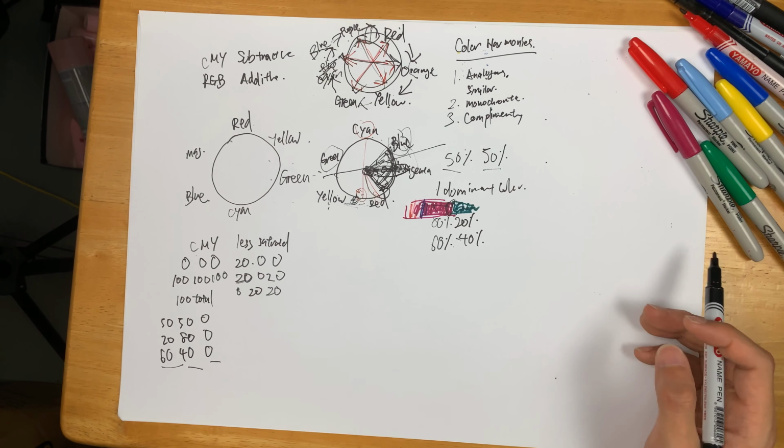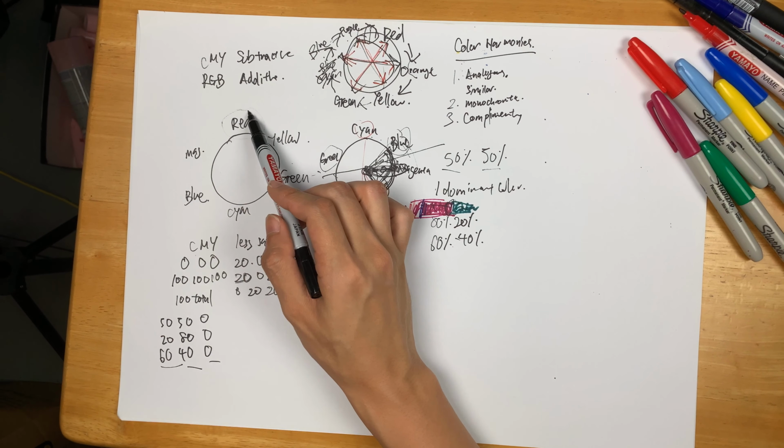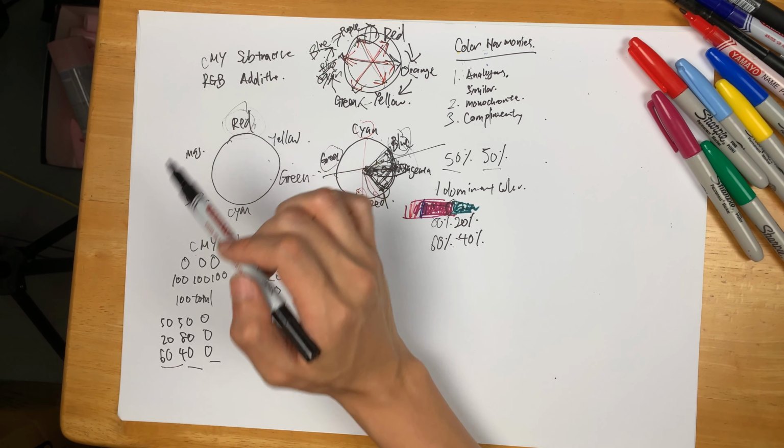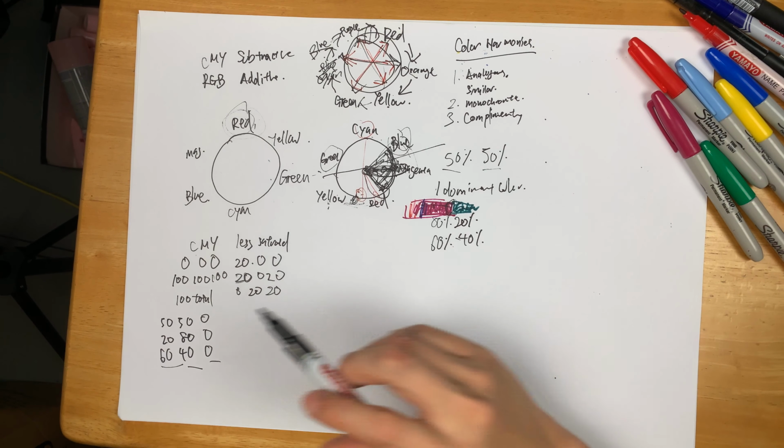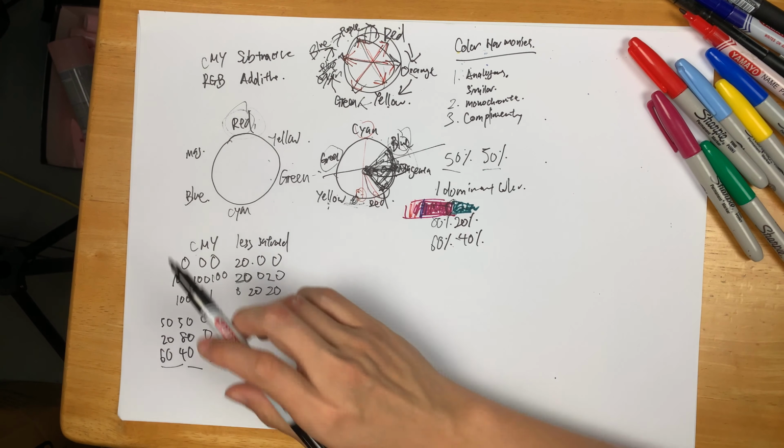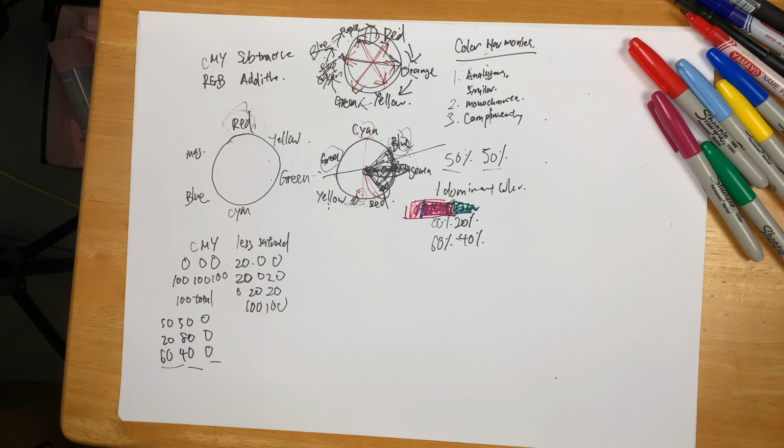So let's say you're going as a red, especially for red is a difficult color because to get a really red, you need 100 magenta, 100 yellow, and the red is nice, but it's going to be very dark.